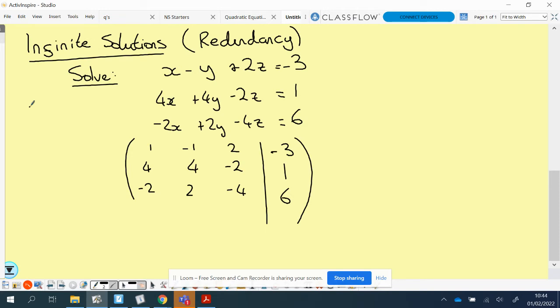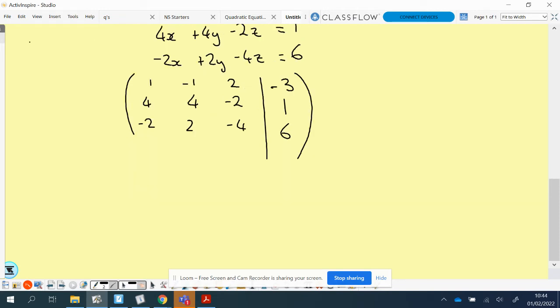Right, okay. So again, I want to try and get zeros in this bottom left corner, but we'll start off with the first column. I want to try and get that 4 in row 2 to become 0. I want to try and get that negative 2 in row 3 to become a 0 too. So let's see how I would do that. Start off with row 2. I could do row 2 take away 4 lots of row 1.